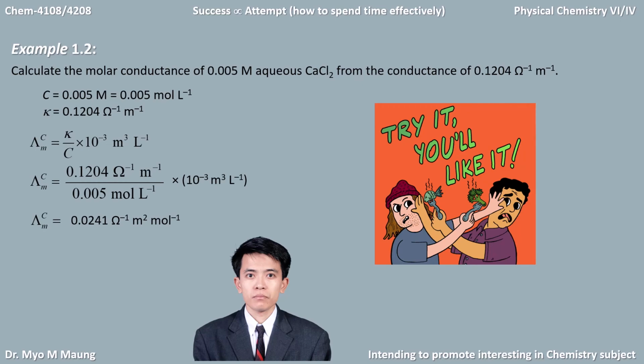Specific conductivity kappa equals 0.1204 per ohm per meter. It is also called molar conductance. Lambda molar C equals kappa by C into 10 power minus 3 cubic meter per liter. We can substitute the values of kappa and C respectively. Finally, we can calculate the value of lambda molar C. Lambda molar C equals 0.02410 per ohm square meter per mole.